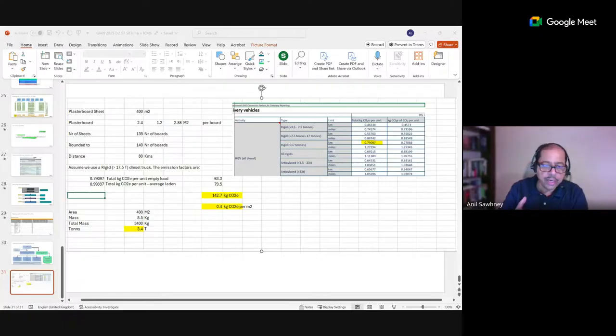For every mile driven, you have 0.79097 kilograms of carbon dioxide equivalent emitted.